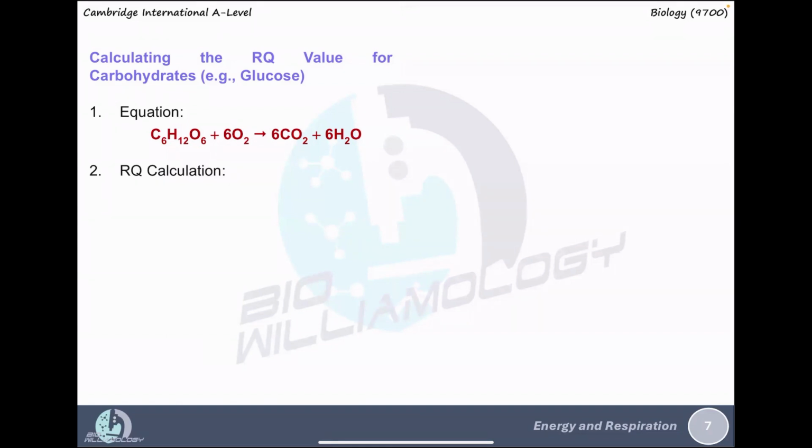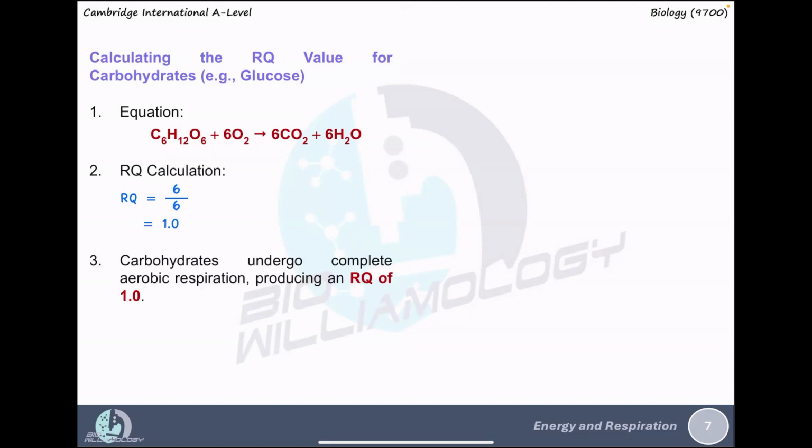In order to oxidize one glucose molecule, we need 6 oxygen molecules and 6 CO2 molecules are released. So based on this, the ratio will be 6 divided by 6, okay? The calculation of RQ value gives us 1.0.